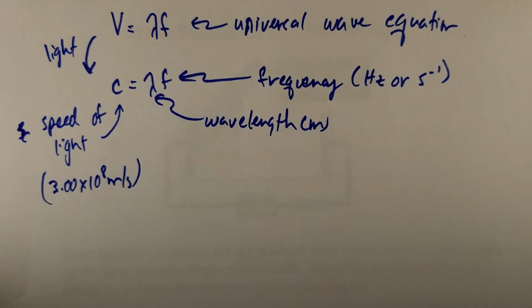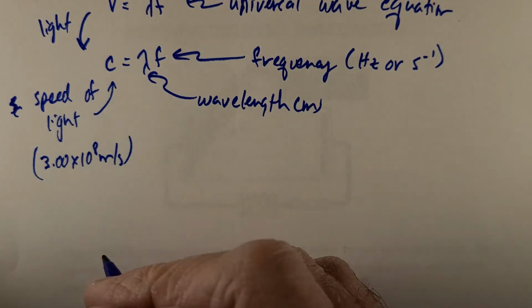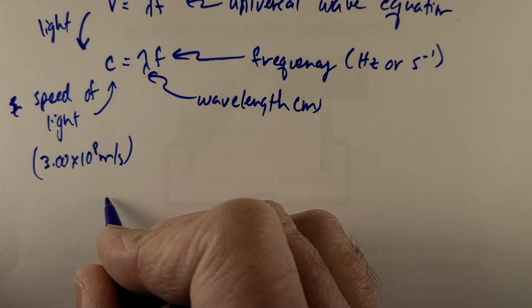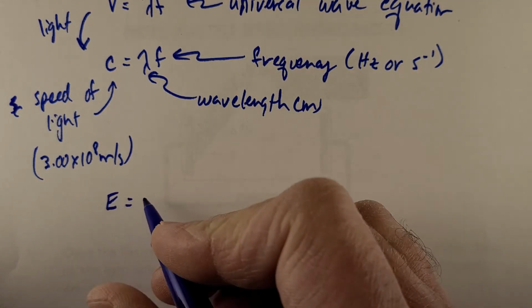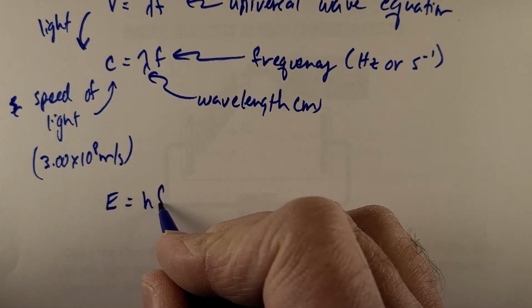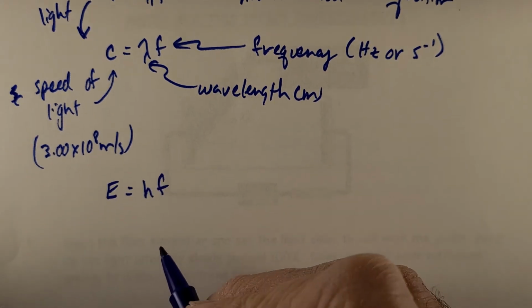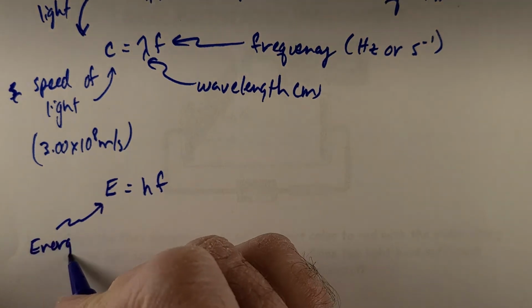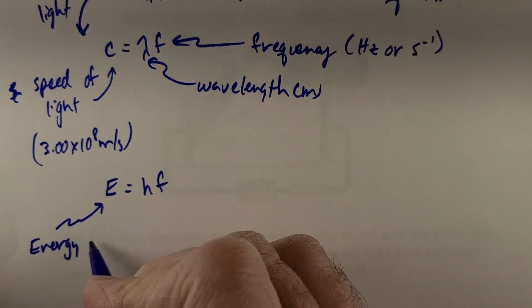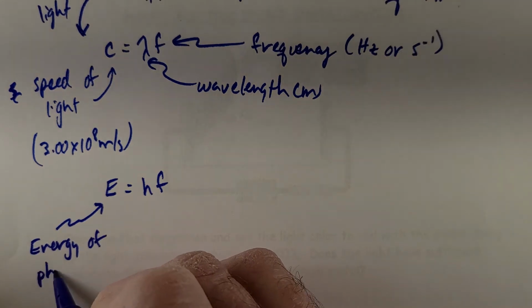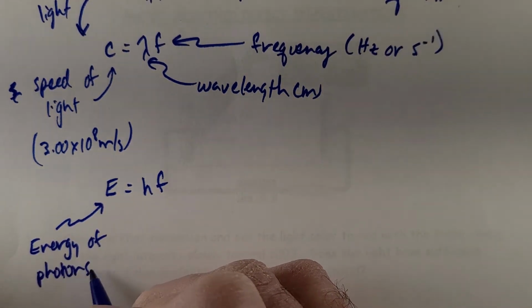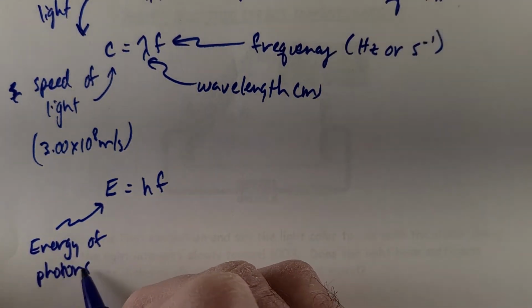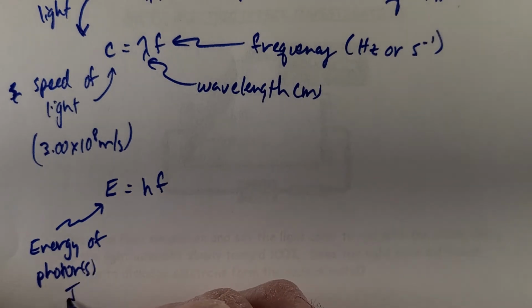And in the last section we looked at using Planck's constant. The energy of a light wave is equal to h multiplied by f, where energy of the light, or of the photons, as we'll see, is measured in joules.